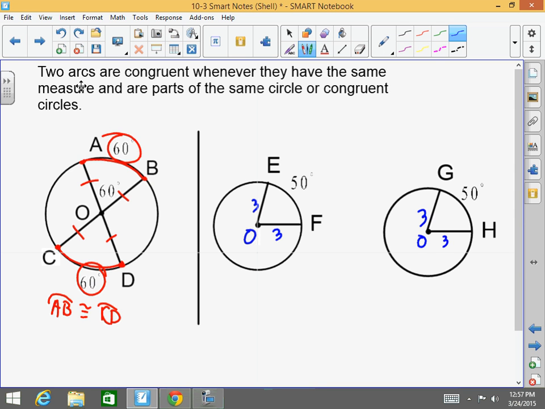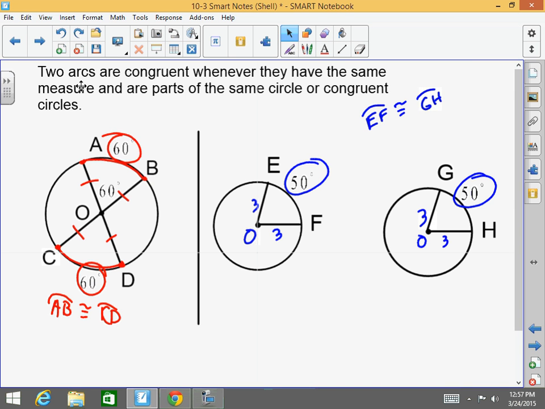Now I can prove that arc EF is congruent to arc GH. Why? Because they have the same arc measure, the same degree measure, and since they're part of congruent circles, they will have the same arc length.